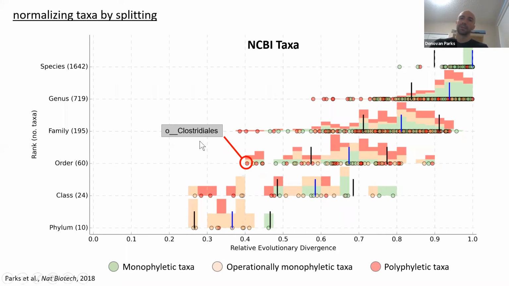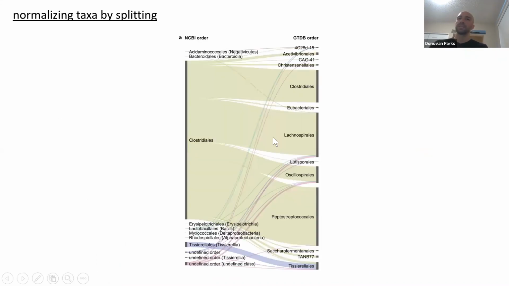In particular, Clostridiales is polyphyletic in the tree. So to also achieve the goal of things being monophyletic, it's very natural to define each of those polyphyletic lineages as new orders. That's depicted here, where we have the NCBI order Clostridiales, and it has been divided into all these different orders within the GTDB taxonomy.